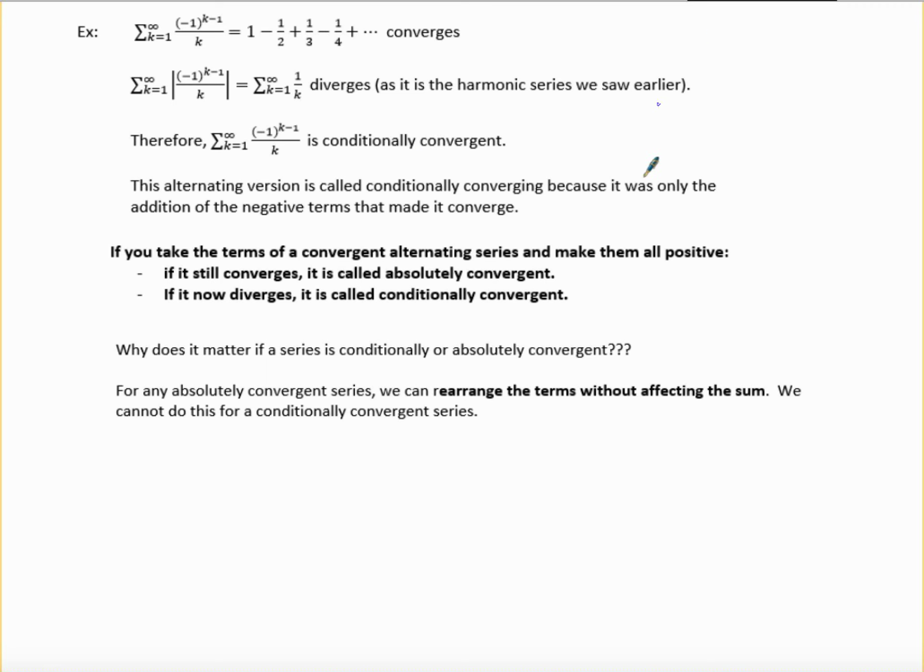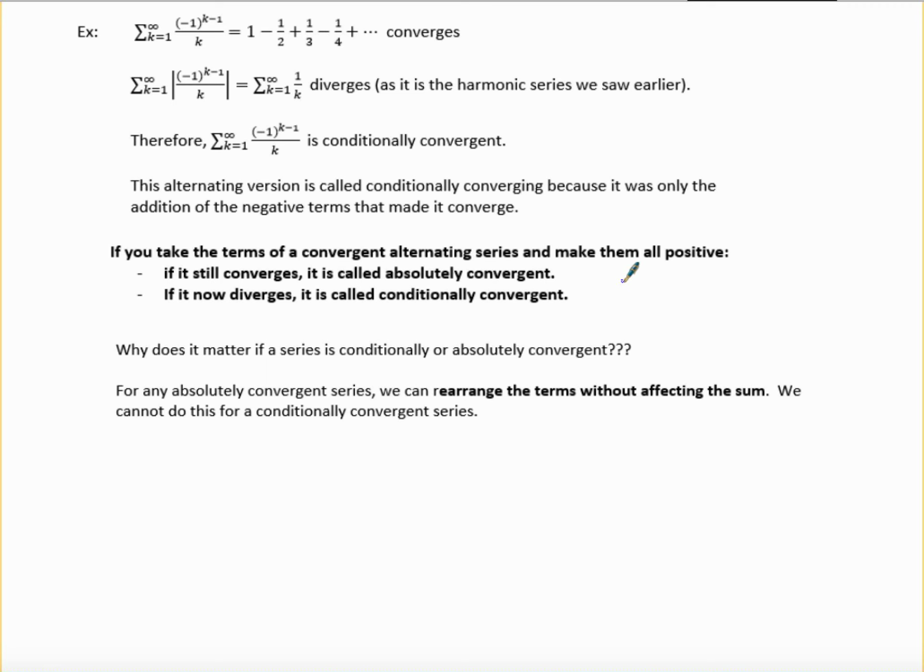I hope that made sense. So if you take the terms of a convergent alternating series and make them all positive, if it still converges, it's absolutely convergent. If it now diverges, then it's conditionally convergent. This is the basic understanding of the difference between conditionally convergent and absolutely convergent.